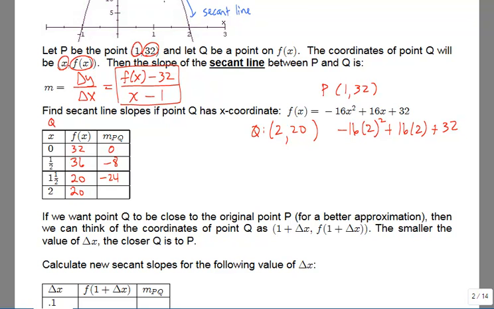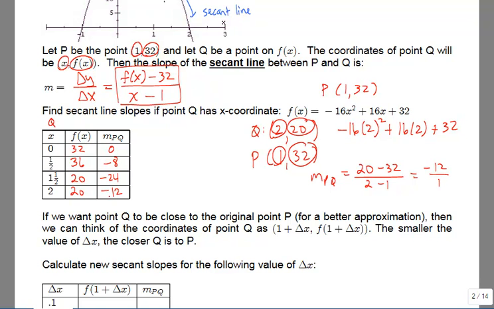So when I find my slope between these 2 points, we're going to take this y minus this y, so 20 minus 32, over this x minus this x. So we get that negative 12 on top again, but on the bottom we just get 1. So this slope is negative 12.